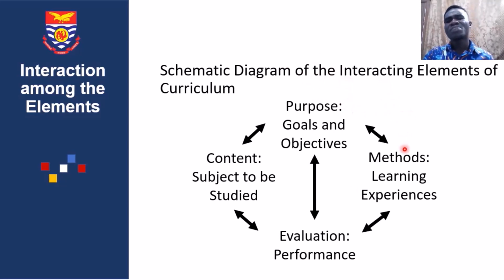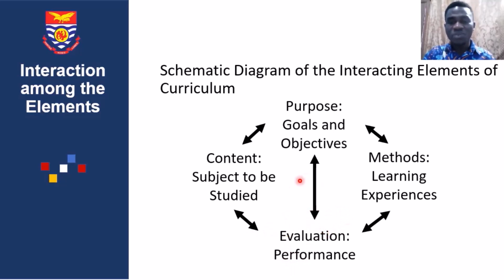Now, there must be methods or learning experiences that will help us to achieve these goals and objectives. Now, how do we ensure that the learning experiences were able to achieve the goals and objectives? We do evaluation.